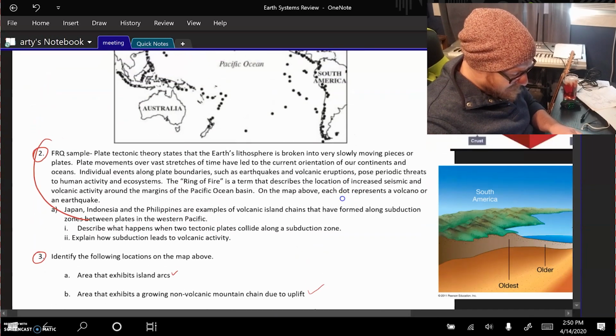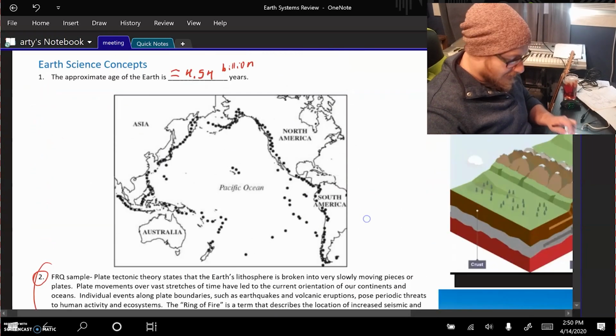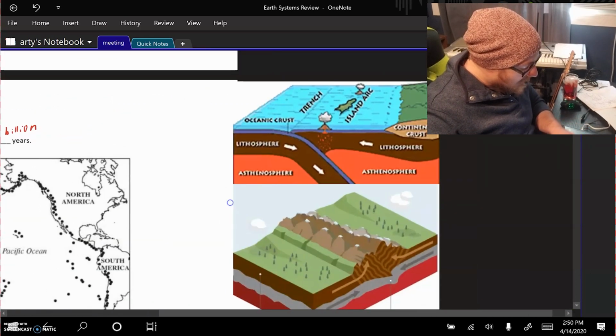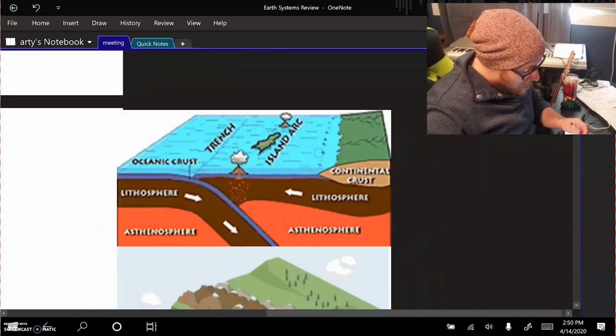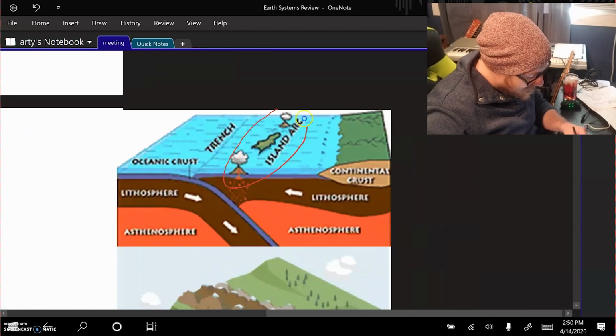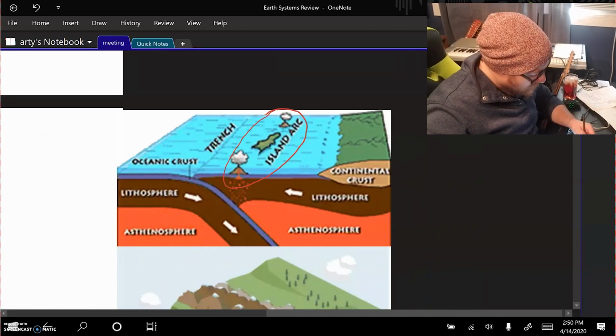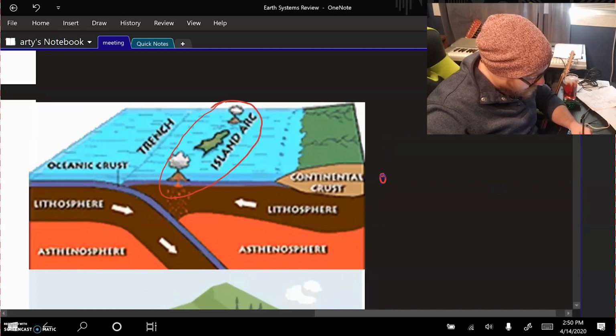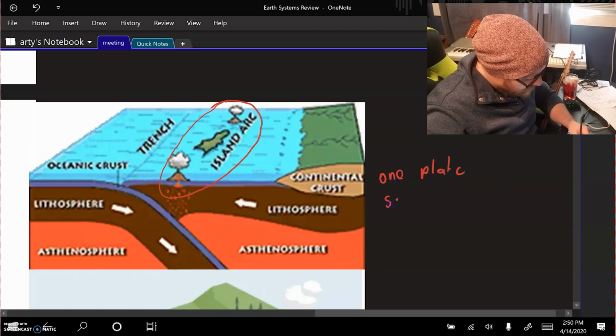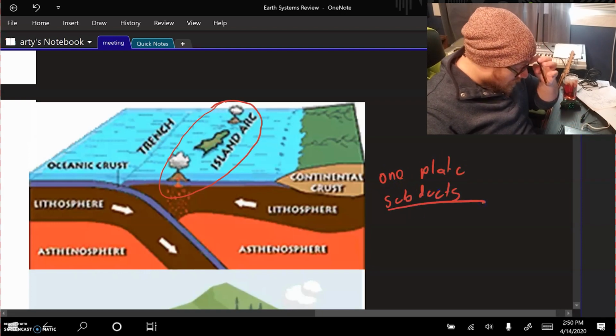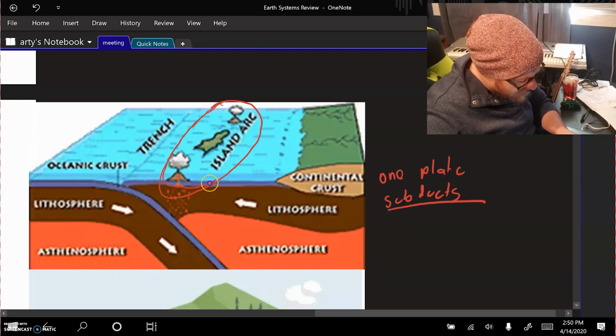So let's go back to this map, and let's look at island arcs. So island arcs are chains of islands that appear along subduction zones. So anywhere where you have one plate going under another, so one plate subducts below another, right, in a subduction zone, you're going to have these island arcs.